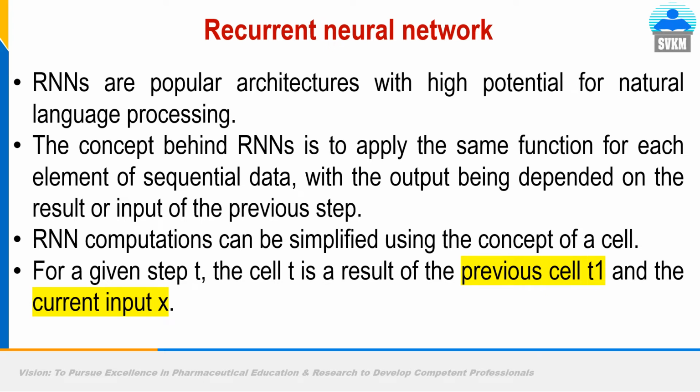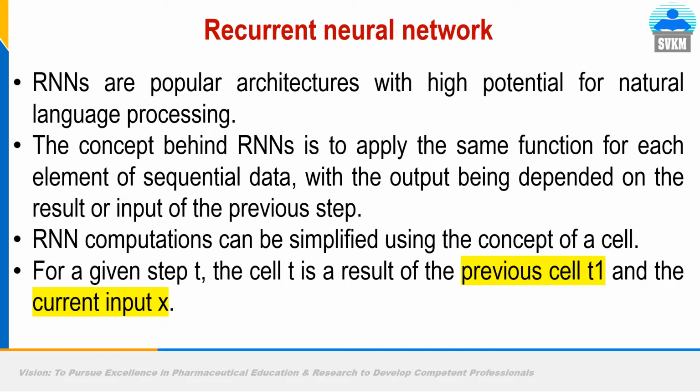RNNs are popular architectures with high potential for natural language processing. The concept behind RNN is to apply the same function to each element of sequential data, with the output being dependent on the result of the previous step. RNN computations can be simplified using the concept of a cell. For a given step t, the cell t is the result of the previous cell t-1 and the current input x.